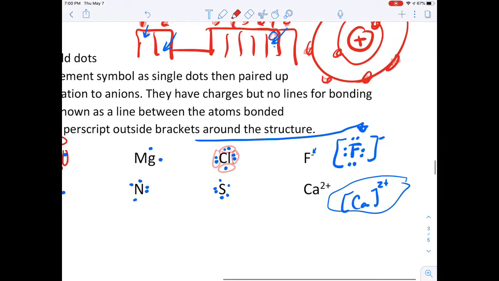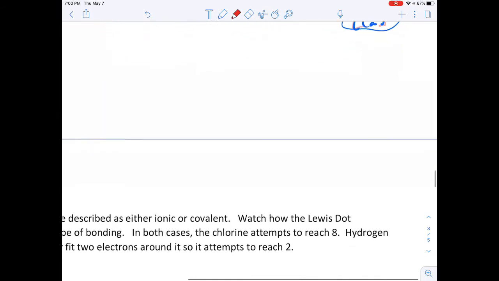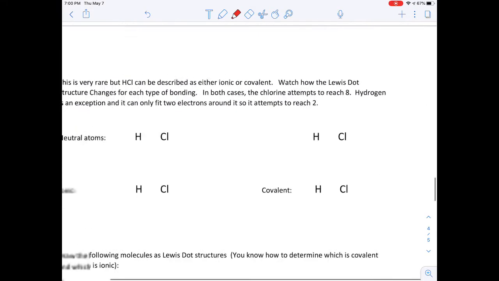Lots of examples in here. You can come back and practice. Notice that if you are charged, you need a bracket and you need a charge. Bracket, charge. The rest of them, no brackets, no charge. That's just for elements.